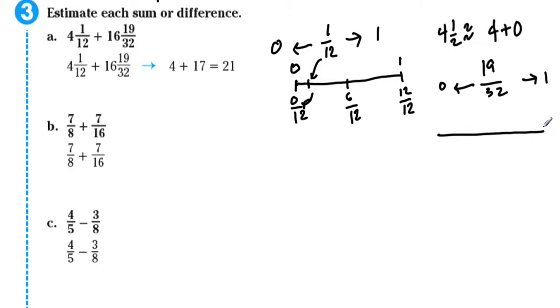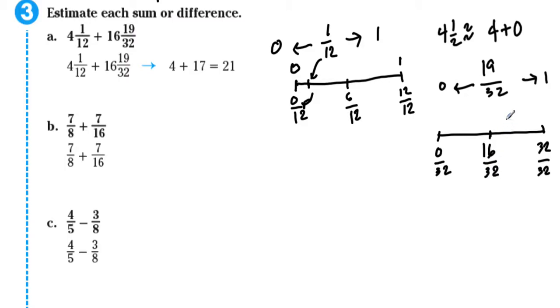If we create a line, the same way as we did with 1 over 12, a fraction equivalent to 1 that has a denominator of 32 would be 32 over 32, and a fraction equivalent to 0 that has a denominator of 32 would be 0 over 32. And halfway would be 16 over 32.